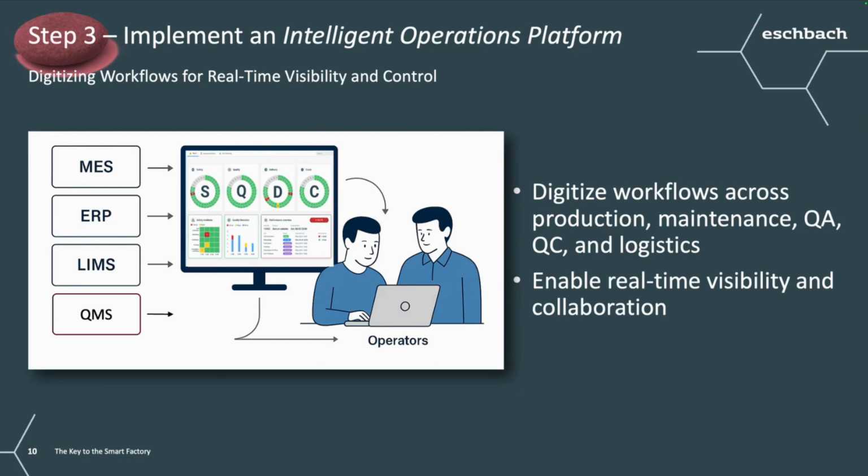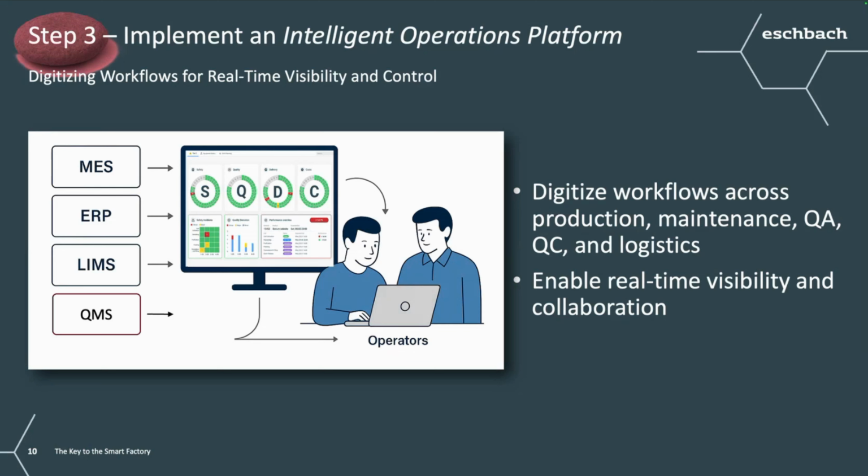And this is where we believe, besides all these very important and necessary systems like MES and LIMS and QMS, what is needed is real-time visibility for teams, providing them the data and information that they need in order to manage operations and make decisions.